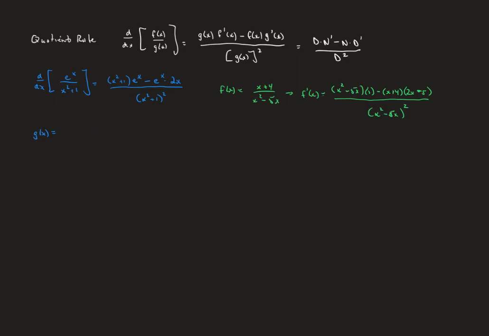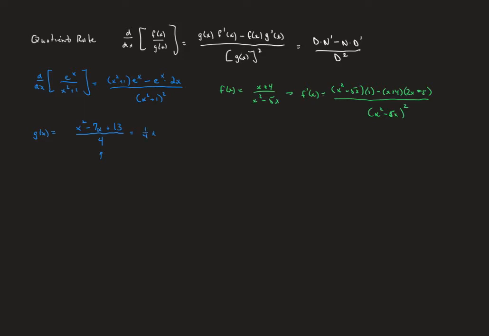Let me do a different one than this. Let's do x squared minus 7x plus 13 all over 4. Now it looks like we could do the quotient rule here, but because the denominator is really just a number, it's going to be easier to dodge the quotient rule and instead break this apart and make it into separate fractions.